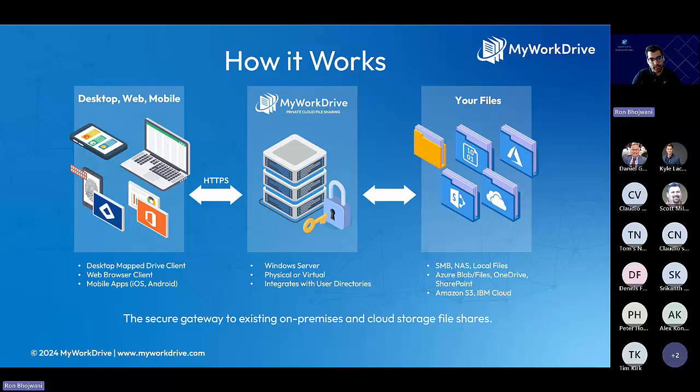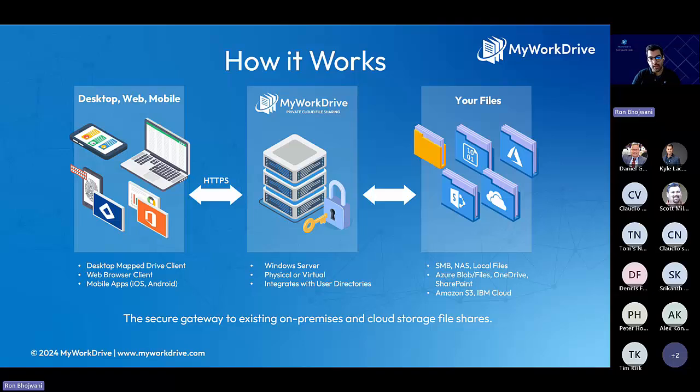So it connects to whatever file shares you may have, which is what you see on the right-hand side of this slide. This could be anything local, anything you can SMB into, including NAS drives, or a variety of different cloud storage service providers, including but not limited to OneDrive, SharePoint, Azure Blob, Azure Files, as well as S3, which is something new that we've added in this release.